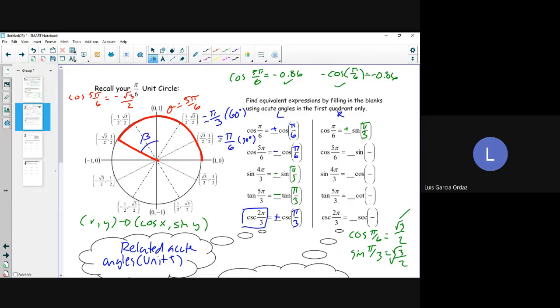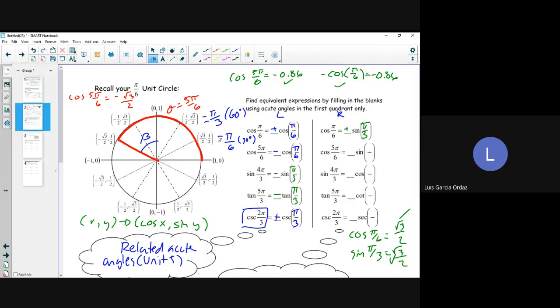So first of all, is sine positive or negative in that quadrant? Positive. Okay, I'm going to explain now.